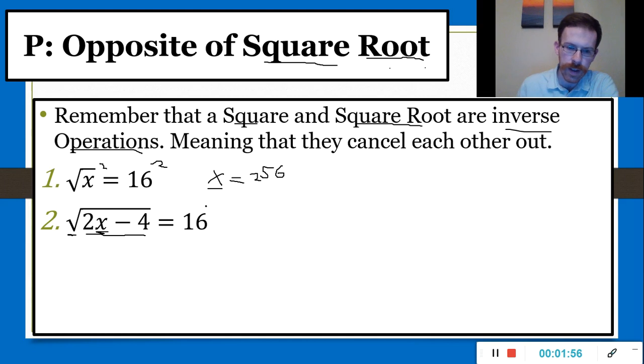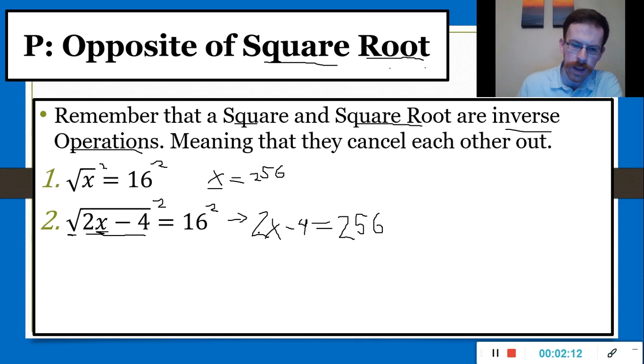So the opposite of a square root is a square. And so that's going to take me to 2x minus 4 is equal to 256, because we already know that from the last problem. Now, admittedly, you could take care of either one of these first. You could either add 4, since the opposite of minus 4 is add 4, or you can divide by 2, since that's the opposite of multiplication.